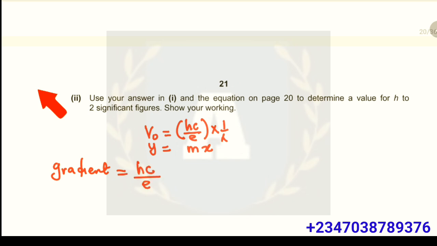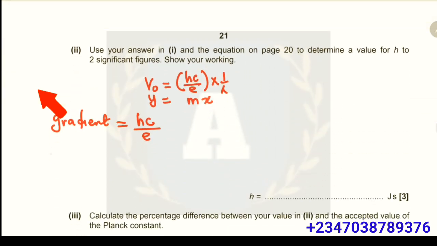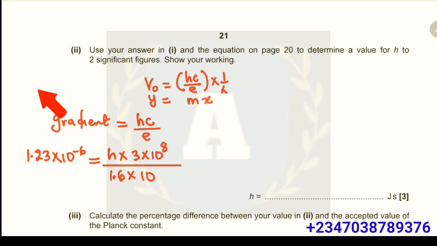So we calculated the gradient to be 1.23 times 10 to the power of minus 6, equal to h times 3 times 10 to the power of 8 all over 1.6 times 10 to the power of minus 19.